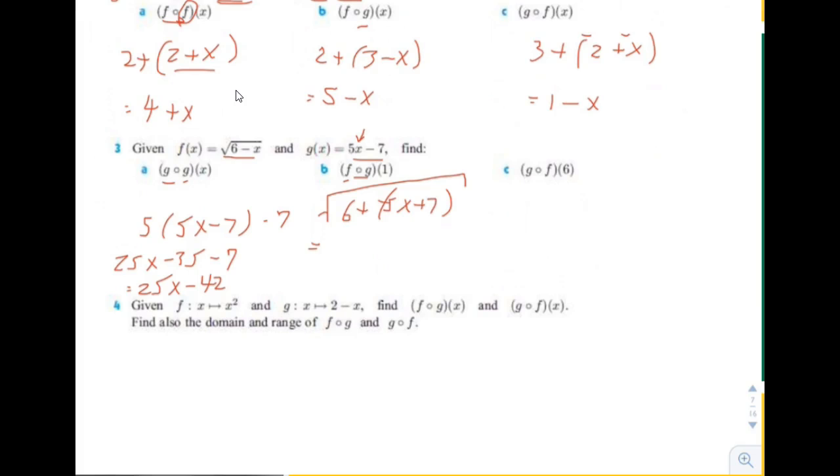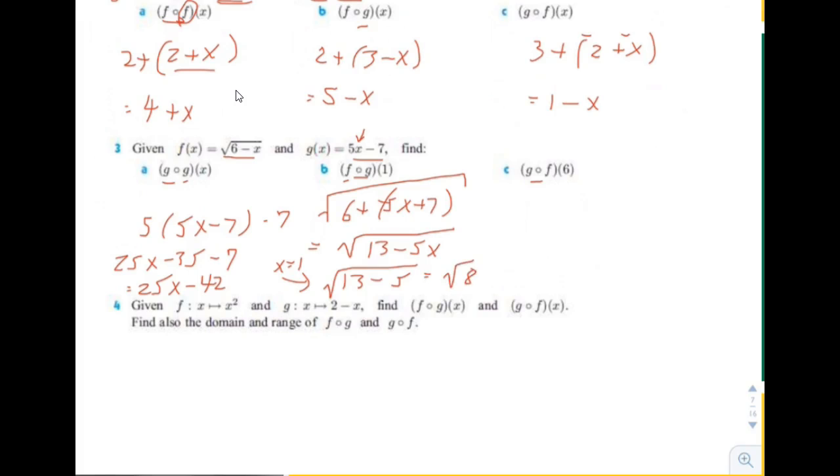So it's going to be the square root of 6 minus 5x plus 7, so 13 minus 5x. And then we're going to put in x equals 1. And then we're going to get 13 minus 5, which is equal to the square root of 8.